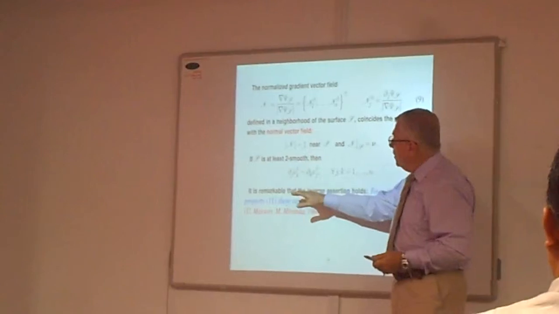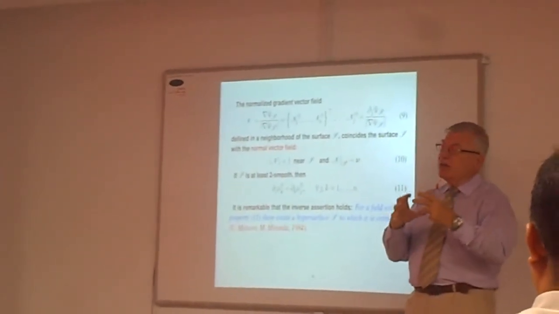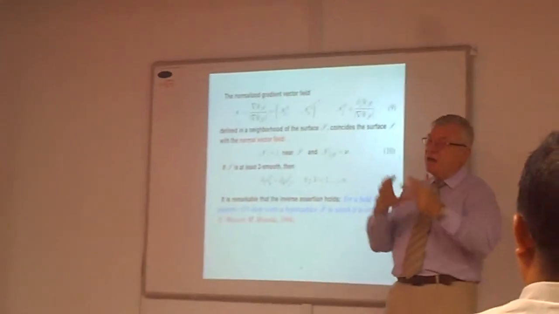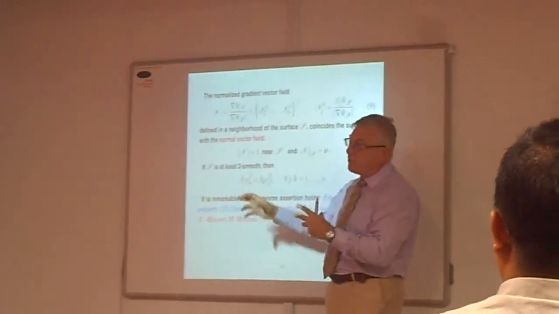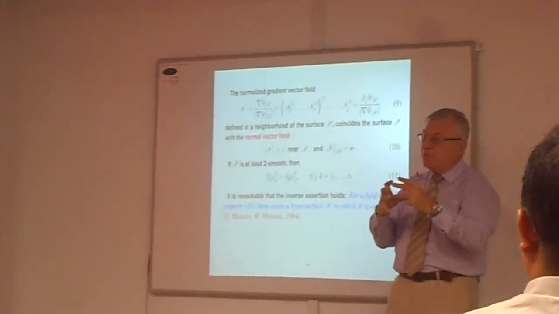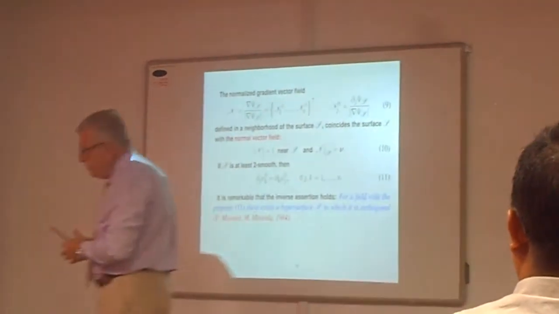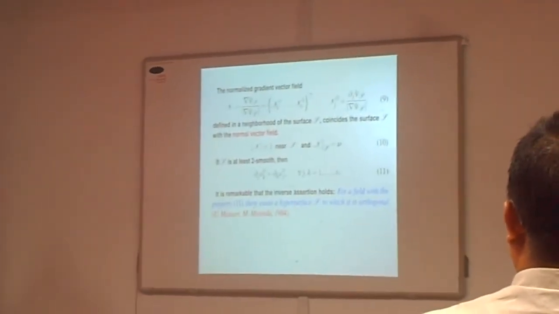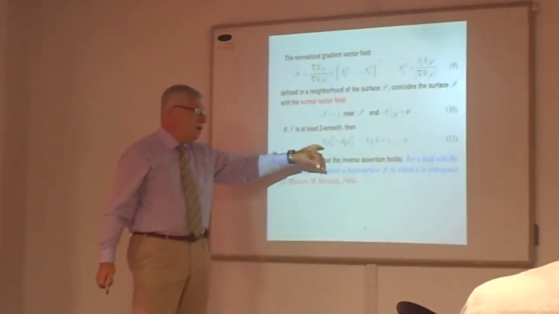If you have this, you can define this surface. Of course, rigid motion is allowed. You can shift the surface to some other place and it will be the same vector field. You can only shift the surface, but not squeeze it or apply other deformations. Only rigid motions are allowed.